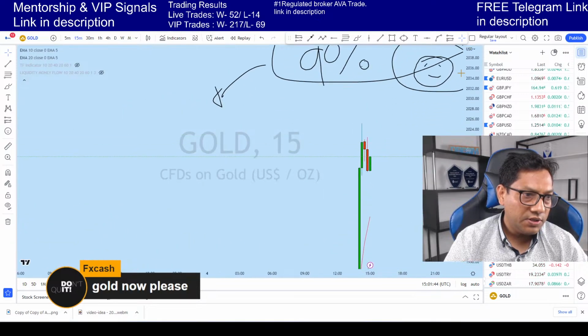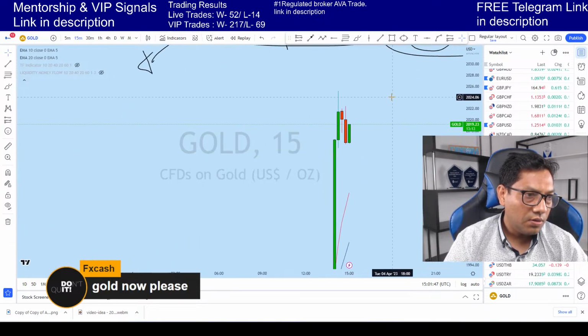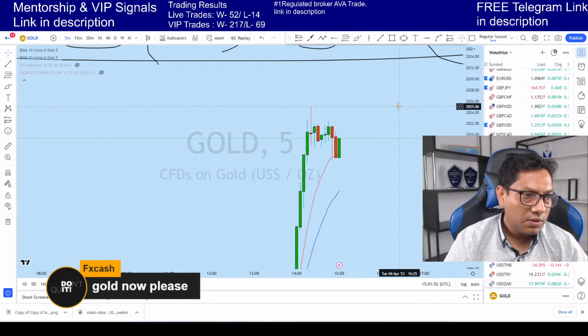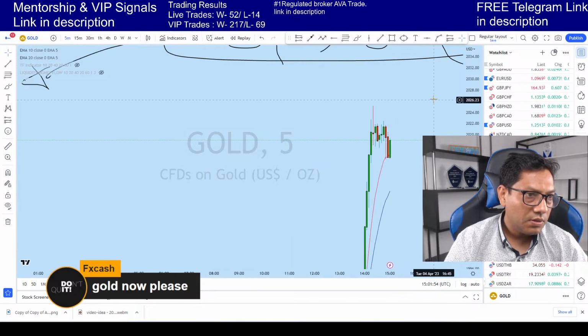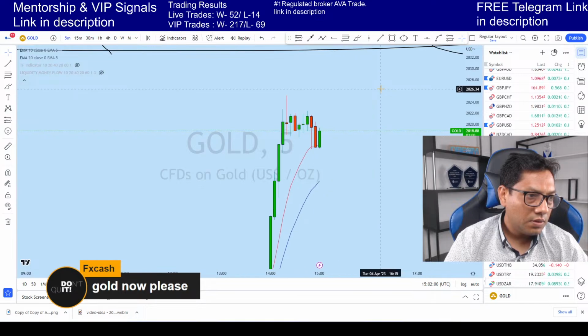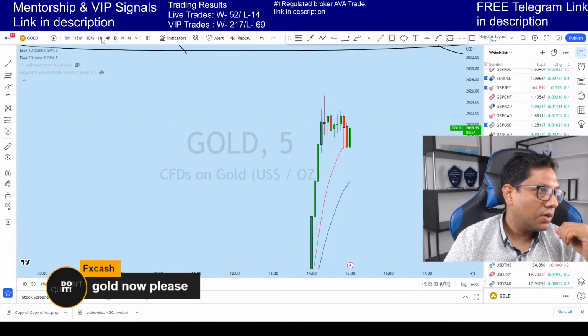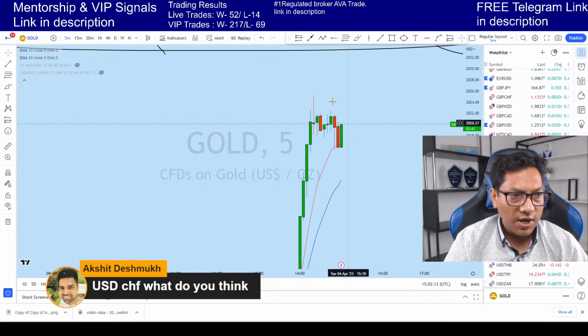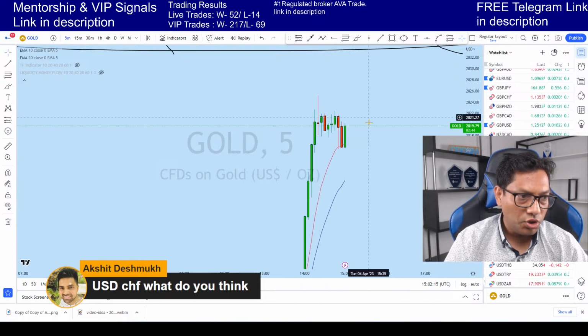On the 15 minutes, and on the 5 minutes, it looks like it might create another impulse to the upside on gold. So gold looks like it might start its bullish move. You see there is a long wick and the price is respecting this support level here.